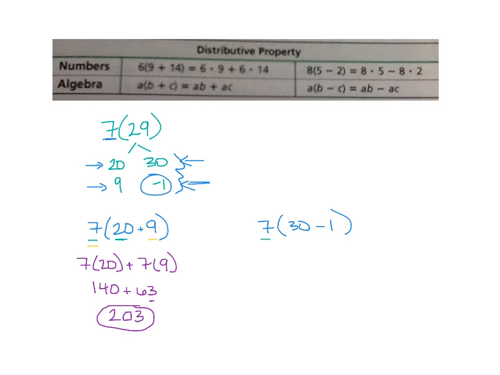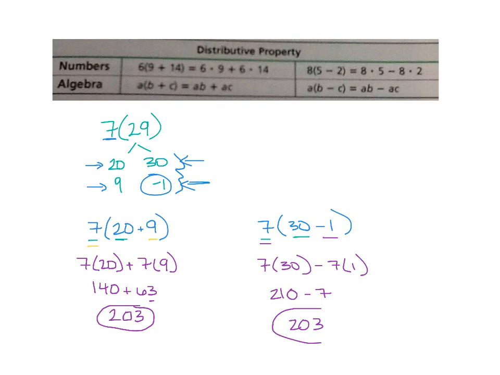We have to do 7 times 30, and then we have to do 7 times -1. So we have to take 7 times 30, we have to bring down our minus sign, and then do 7 times 1. 7 times 30 should be easy because 7 times 3 is 21, and you bring down your 0, and then you should all know that 7 times 1 is 7, and 210 minus 7 should be fairly simple to figure out in your head.